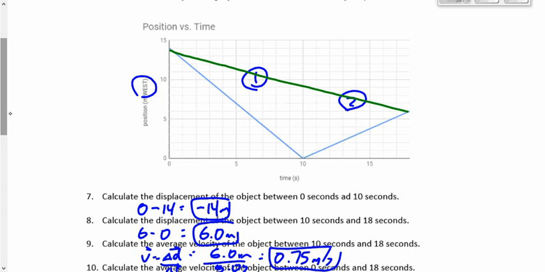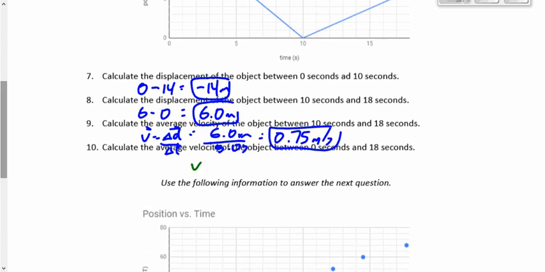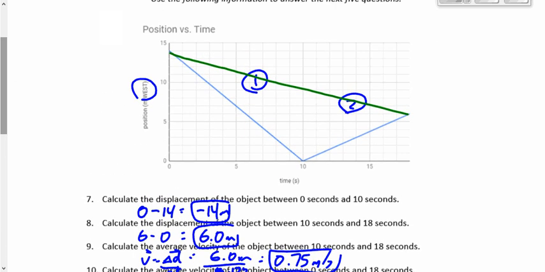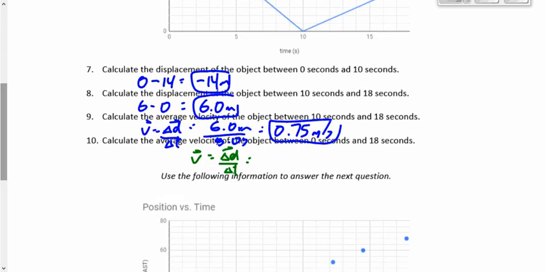Or, alternatively, you could just say the average velocity from start to finish is the displacement from start to finish over the time. The displacement from 0 to 18 seconds would be what? What is it? -8, you say? We're going to say it's 6 minus 14, final minus initial? It would be -8, you're right.